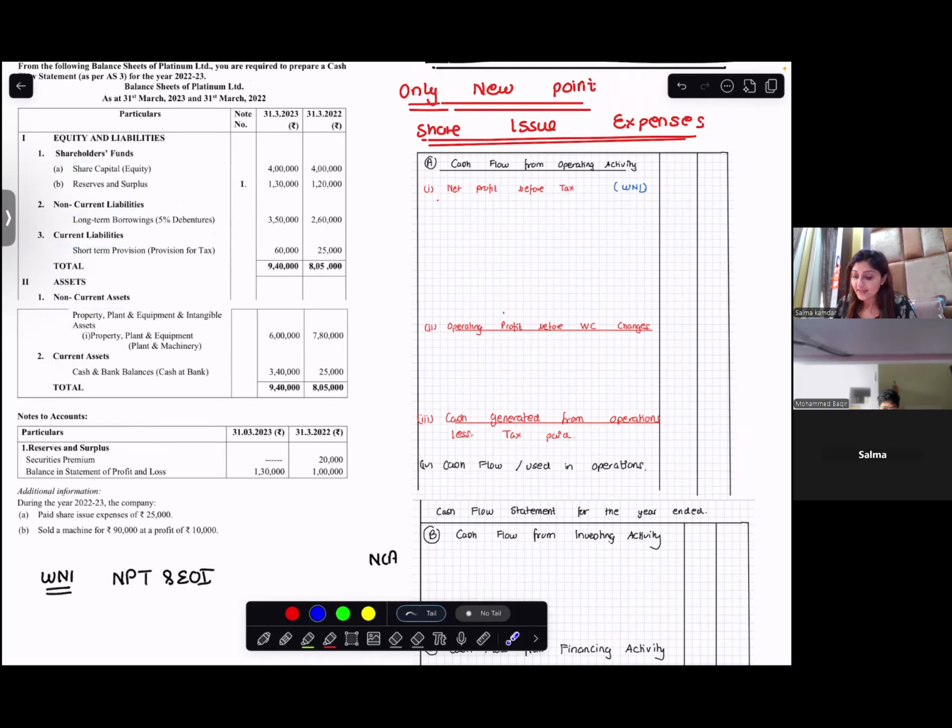Reserves and surplus will be related to your working note number 1. Borrowings, that you're borrowing money from somewhere, that means you're financing your stuff. So this will be related to financing activity.